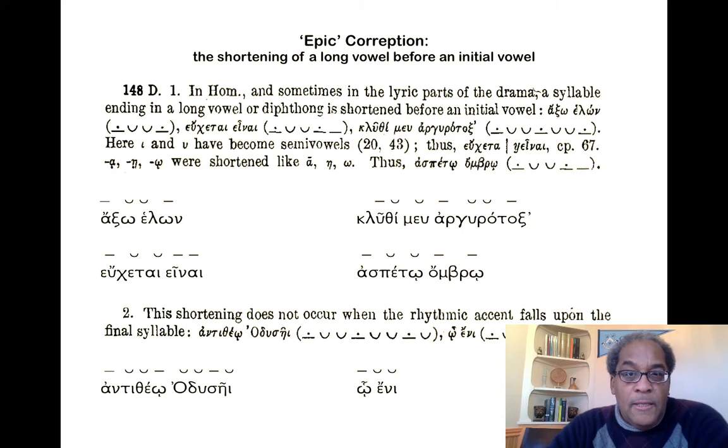He adds the fine point that this shortening does not occur when the rhythmic accent falls upon the final syllable. So, long, short, short, long, short, short, long, short, because here we have the long vowel coinciding with the ictus.